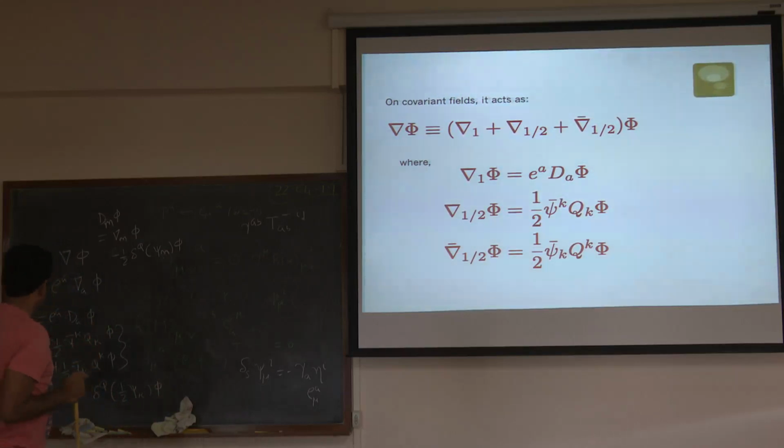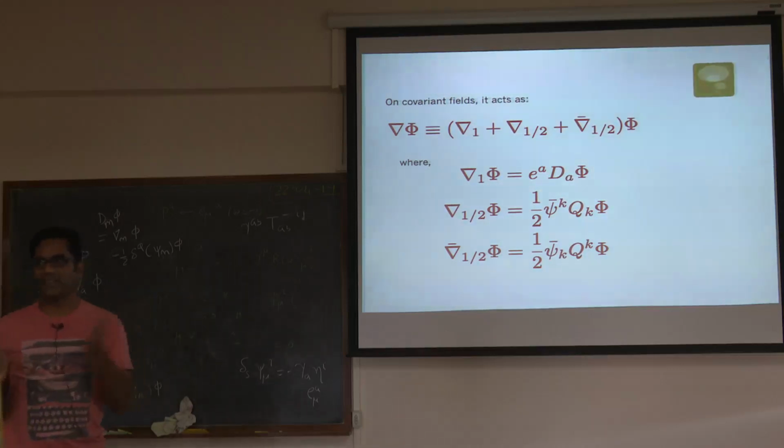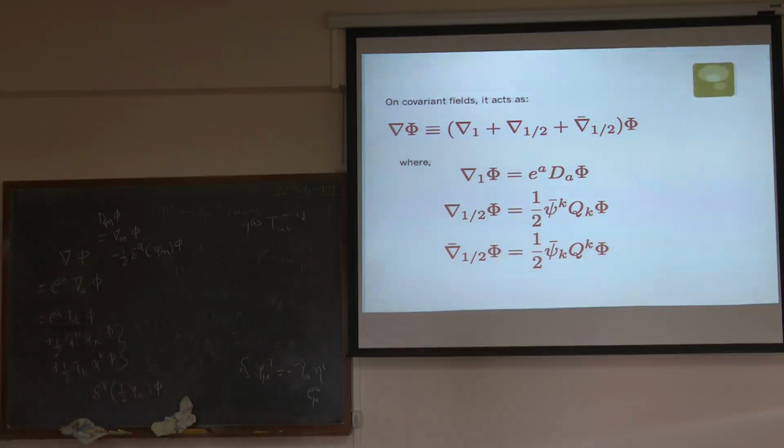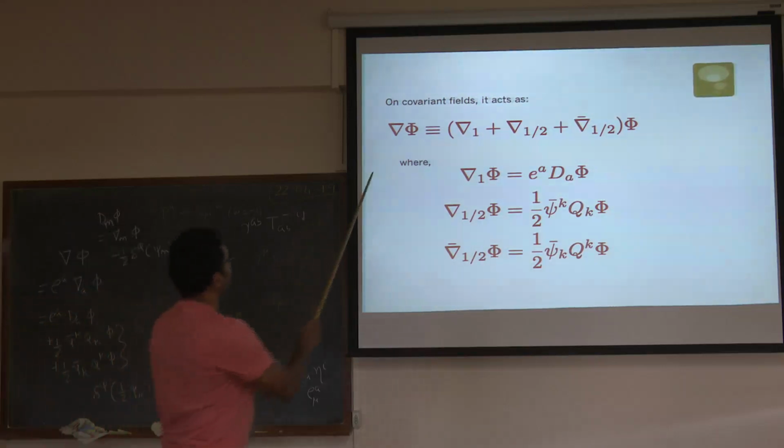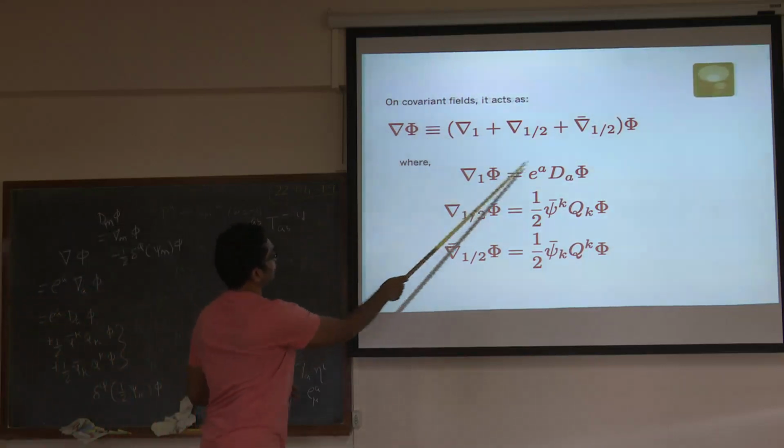So, you have added this and subtracted the same thing and made this into a supercovariant derivative. The reason is we want to organize our calculations into factors of Weyl-Bein, gravitino and supercovariant objects. That is the reason why we transform this into supercovariant objects.